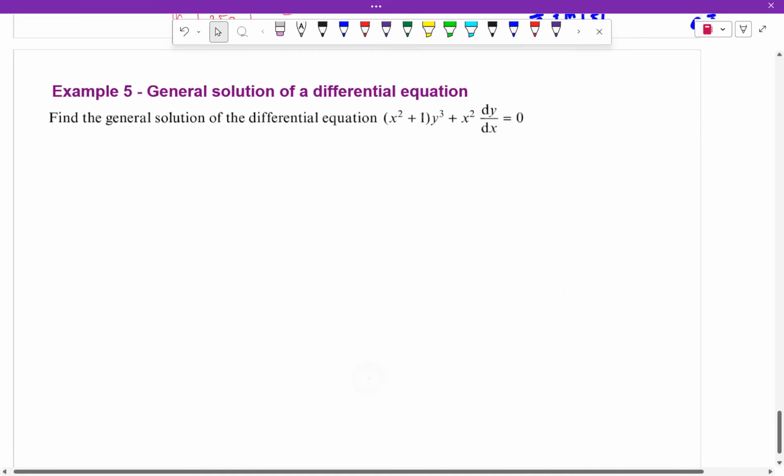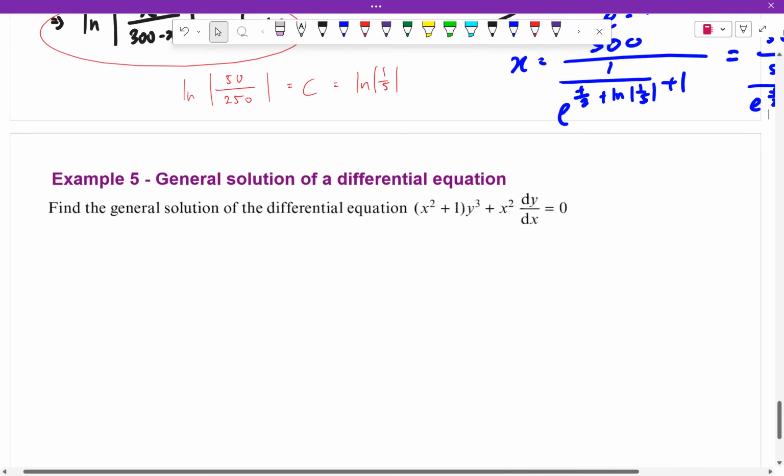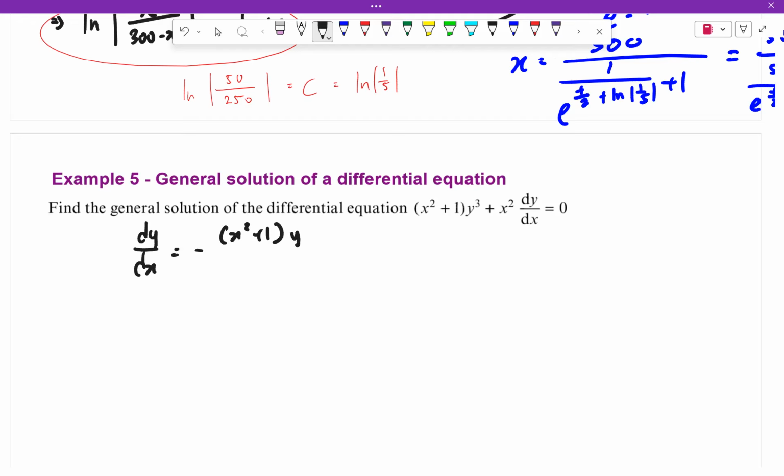Right, this is the final question. Okay, let's have a look. This looks like it's not separable, but it is. Let's rearrange a bit. We usually need the dy and dx together, right? So dy over dx equals negative x squared plus 1 over y cubed, over x squared.